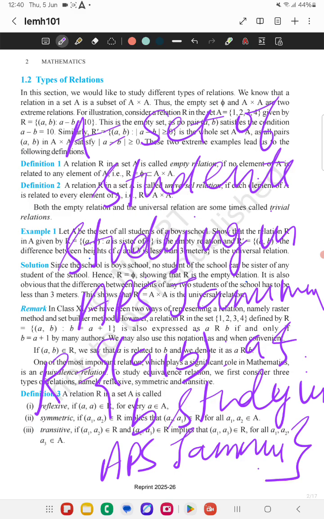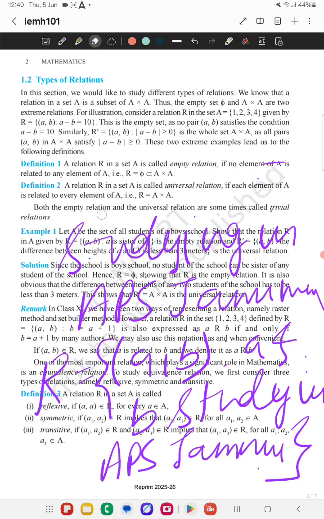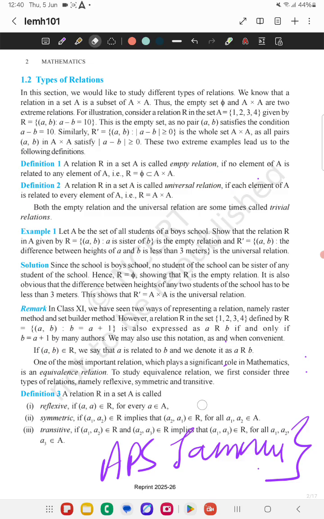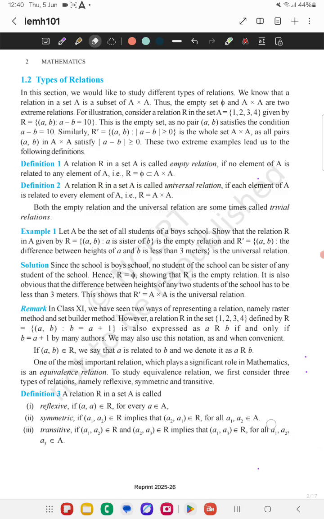As I have taken the set of students studying in APS Jammu, this relation is your universal relation, because if we take any two elements, they satisfy the condition that they are studying in APS Jammu. So let us proceed toward the definitions now.